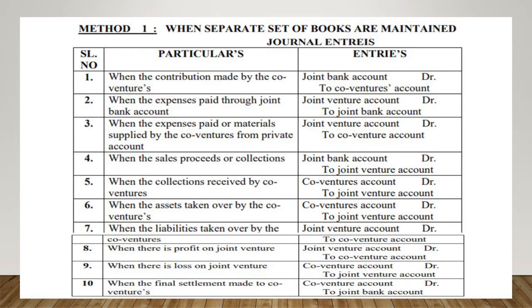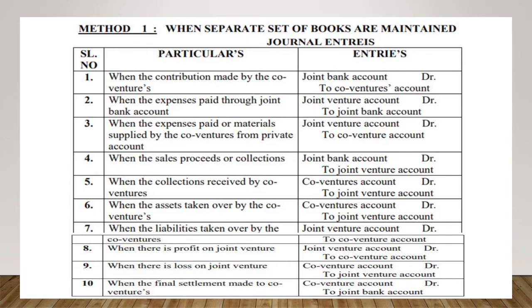So better you write them down two or three times, and understand them according to the logic. If you remember the journal entries according to the logic, then when I am passing a journal entry, you can easily remember the basic entry and apply it by replacing the name of the co-venturer. Okay, this is method 1.